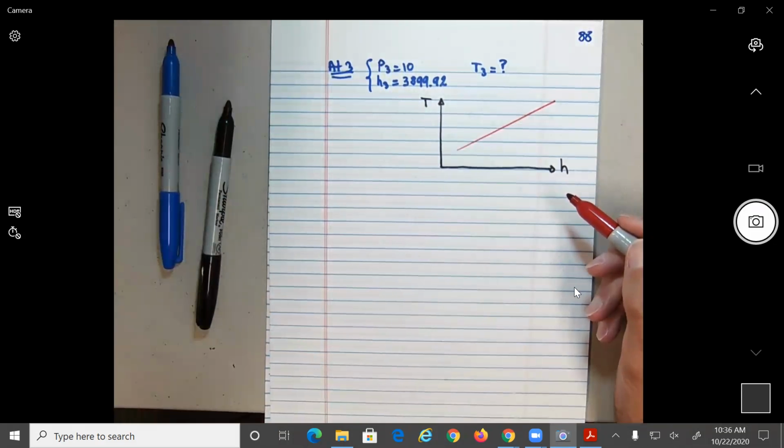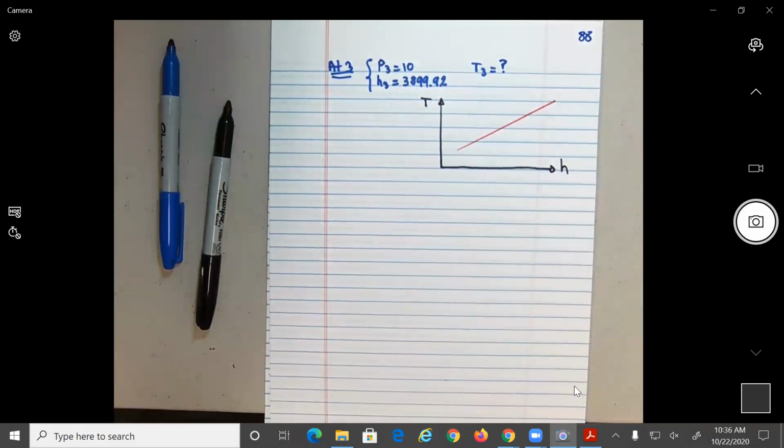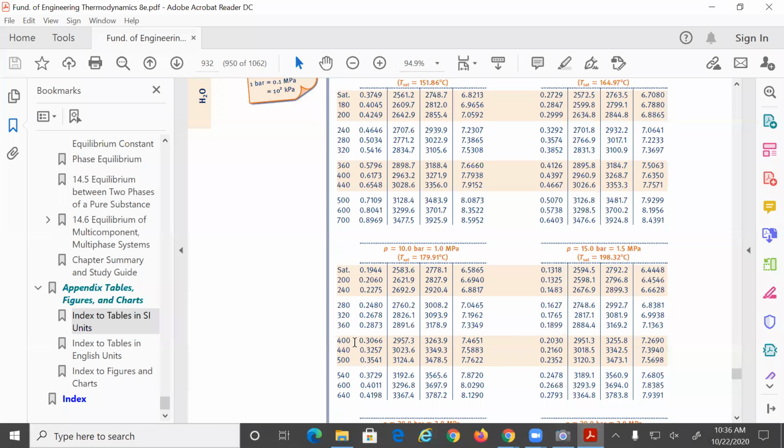Let's say I first look at one point and then I'll do it directly. It might be easier. So at 10 bars, let's take 2 points, 600 and 640. Let's write down the values for H from table A4.